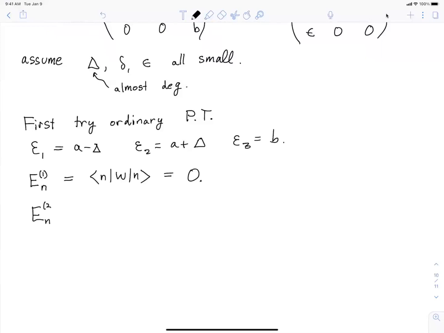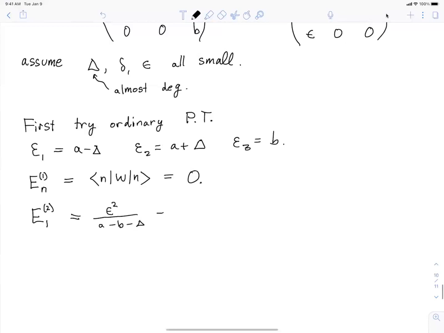actually, let me do these one at a time because they're different now. So I'll do the energy for the first state at second order in perturbation theory. And remember, that's like a matrix element squared divided by energy difference summed over all the states. And so it turns out there's 2 terms here, because for any given state, there are 2 other states that you have to sum over. You never sum over the same state. So there's an epsilon squared divided by an energy difference, which is A minus B minus delta.